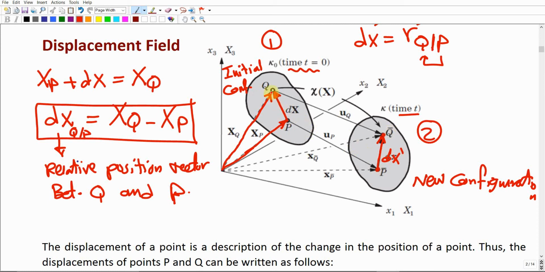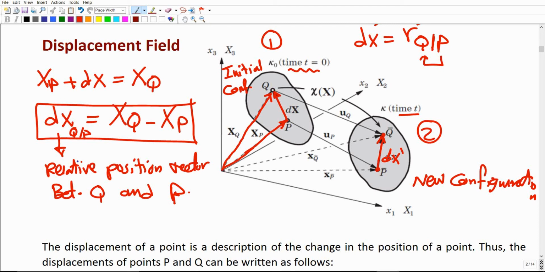Also, as you can see, the stick between these 2 points, or the position vector between these 2 points, has been reoriented, and even stretched somehow, like it has elongated. All of this indicates that there are some changes happening to this object because of the external forces.